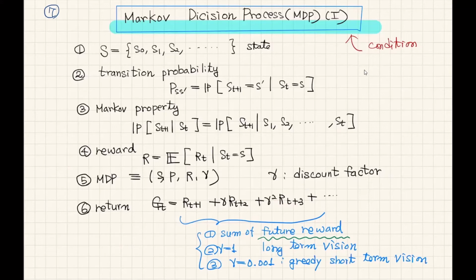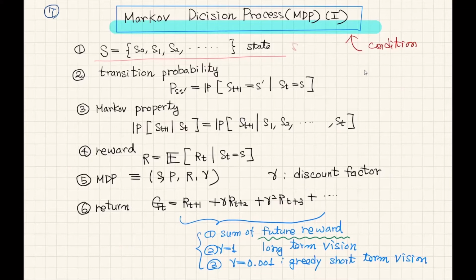Let me slowly explain what the Markov decision process is. Number 1, we have to define state. State is a sequence S0, S1, S2, up to S infinite.